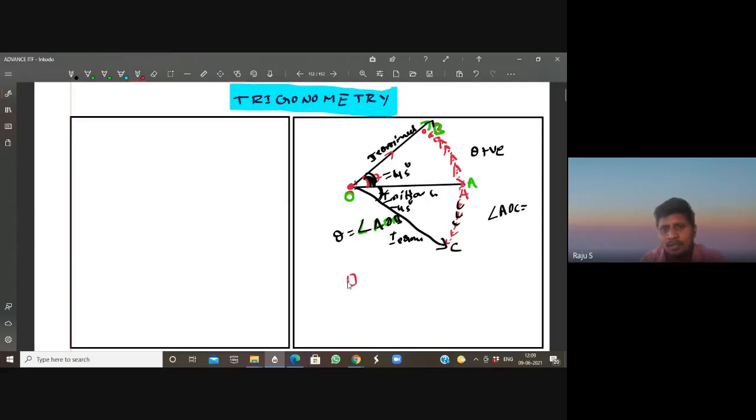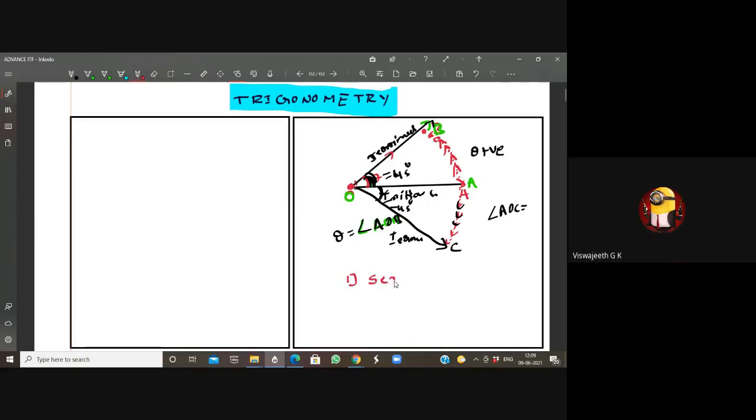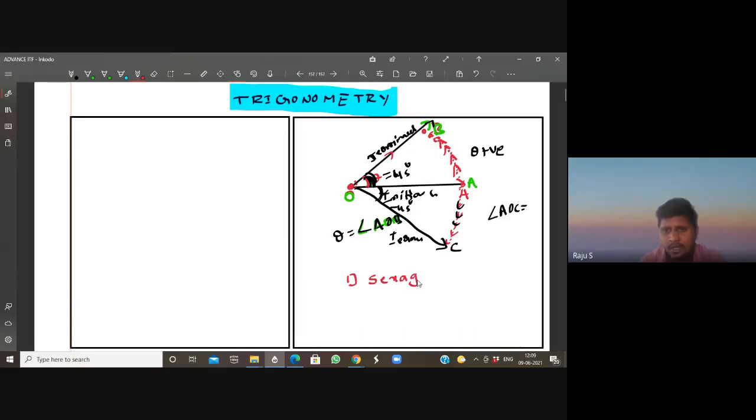Very good. What is the first one? Degrees. Exactly. Another name is degree measure. This is also called the English system.